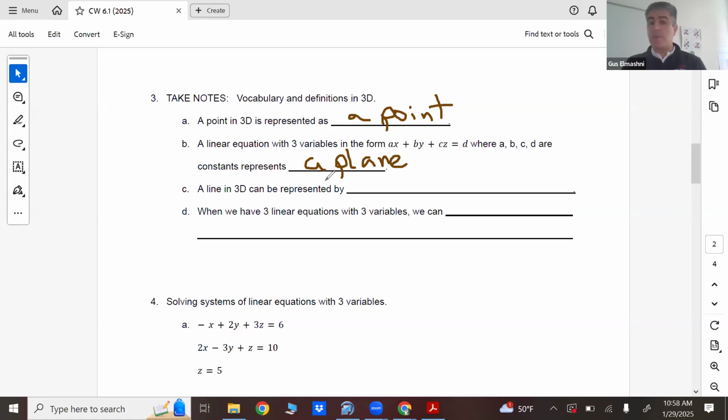A line in 3D can be represented by the intersection of two planes.